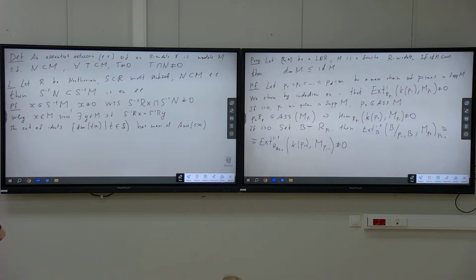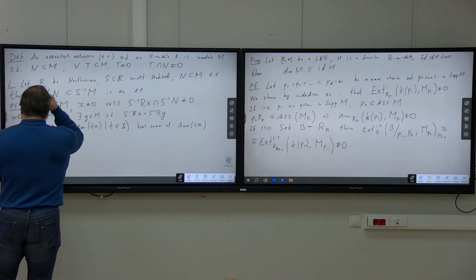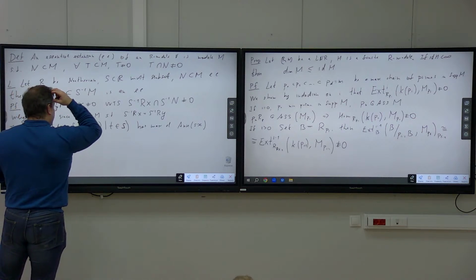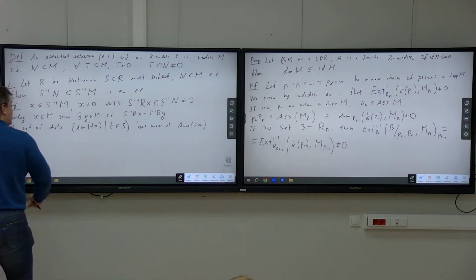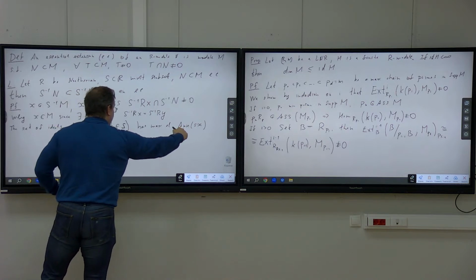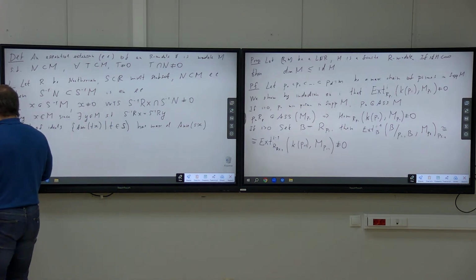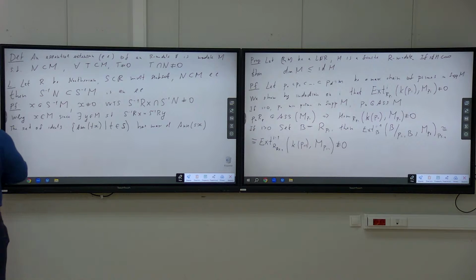Well, because I assume that R is not trivial, and R is Noetherian, so any family of ideals has a maximal element.